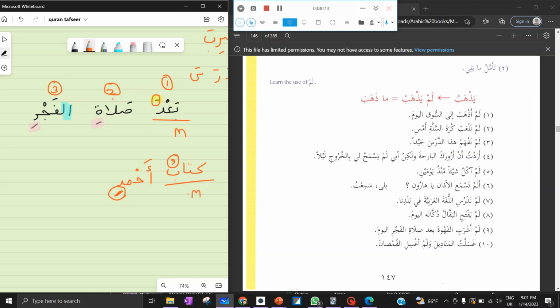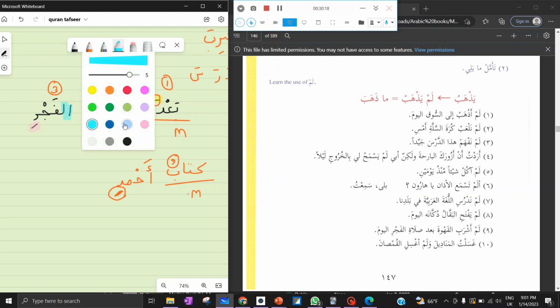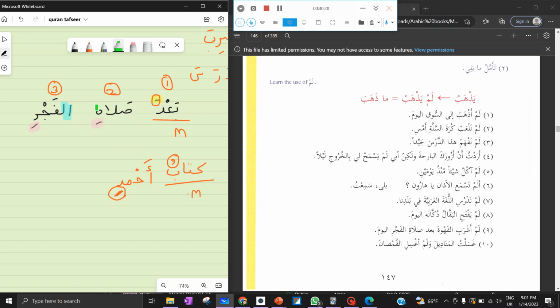Now this middle noun is playing a double role. It is a mudaf and also a mudaf ilayhi. It is the mudaf ilayhi for ba'ada, and it is also the mudaf for al-fajr.